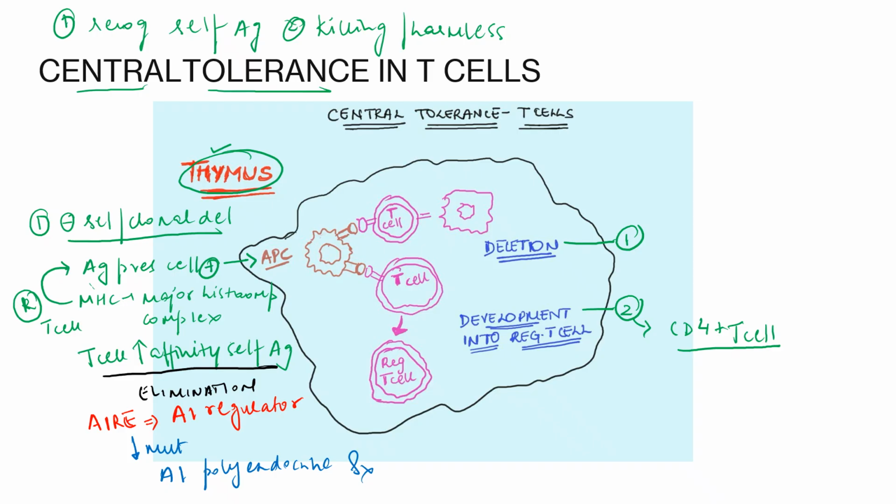So whenever there is a CD4 plus T cell lineage which can potentially become a self-reactive T lymphocyte, it gets converted into a regulatory T cell. So once it becomes a regulatory T cell, it does not become harmful anymore. It is rendered harmless, like we had discussed prior.